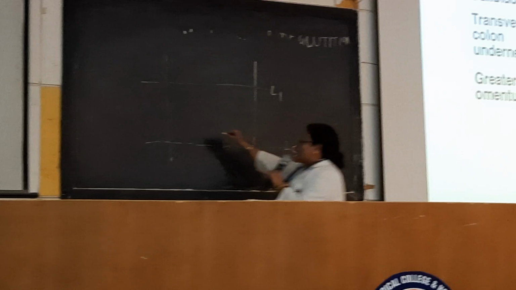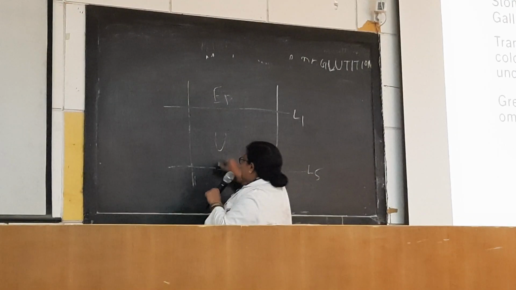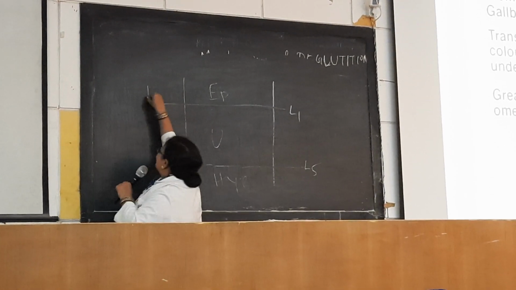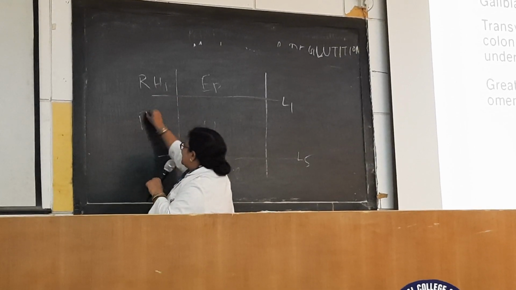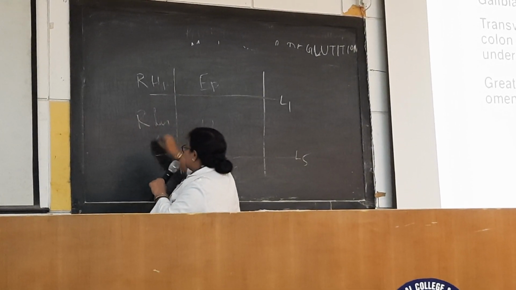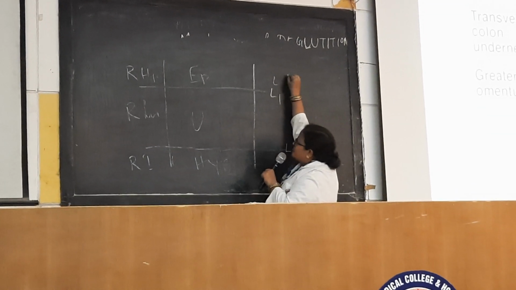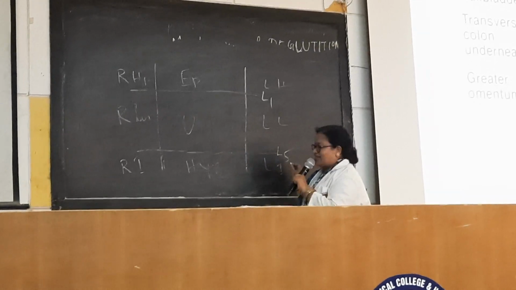This is the umbilicus. This is epigastric, hypogastric. This is right hypochondrium, right lumbar, right iliac. Similarly on this side, left hypochondrium, left lumbar, left iliac.